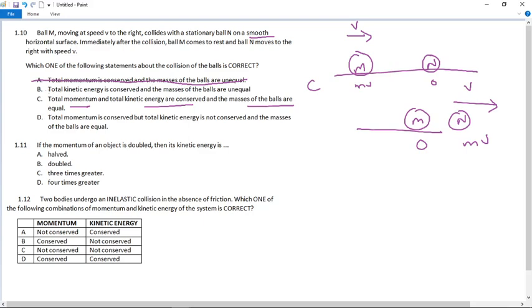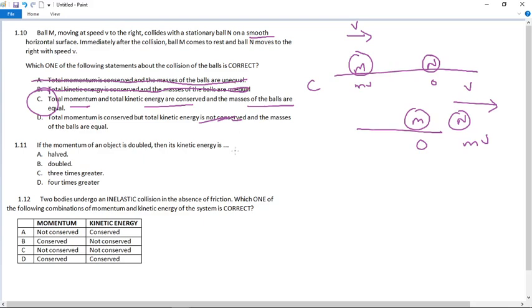If the masses of the balls were unequal, the second ball would move off with a different V, and it moves off with the same V in an isolated system where the momentum is conserved. The last one says the kinetic energy is not conserved, and that's not true. So it has to be answer C, because that's the only one that's conserving everything.